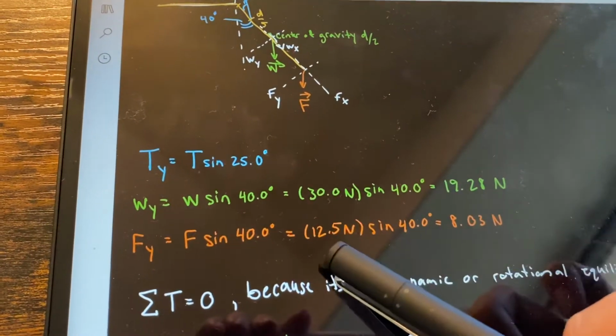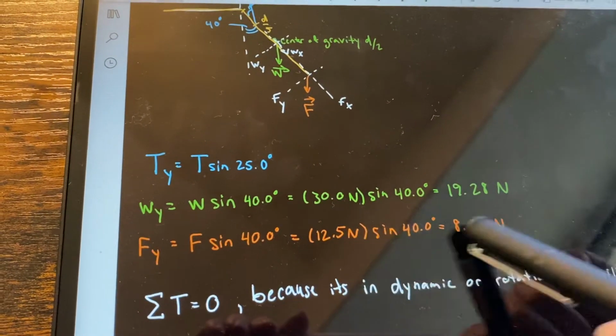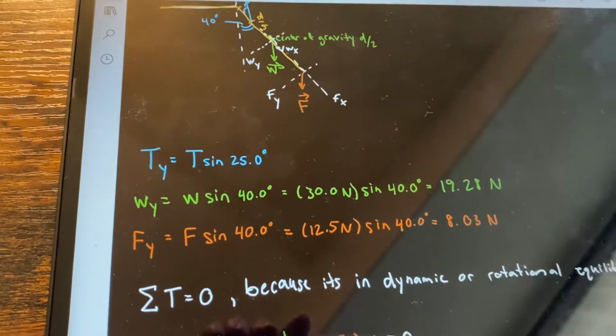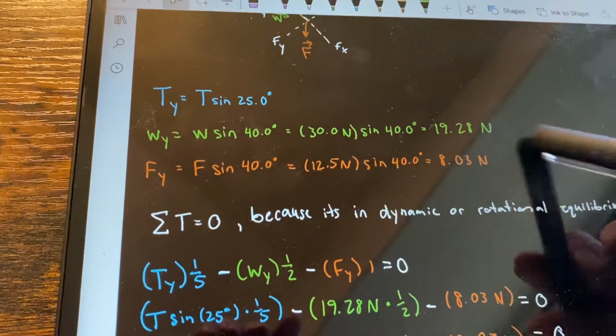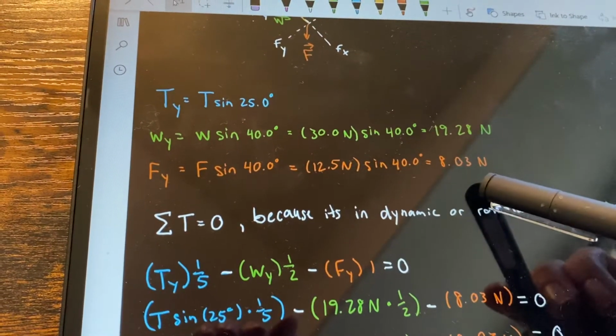This one was 30, this one was 12.5, so we just solve for that. We get our answer in newtons, 19.28 newtons, 8.03.